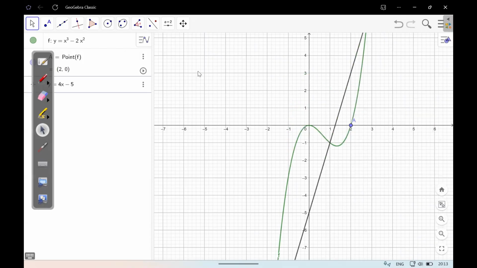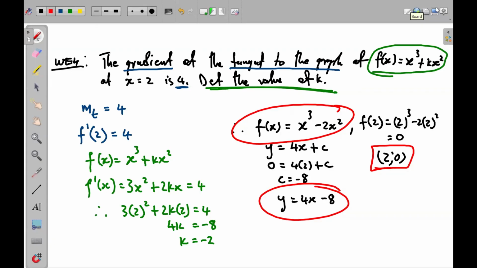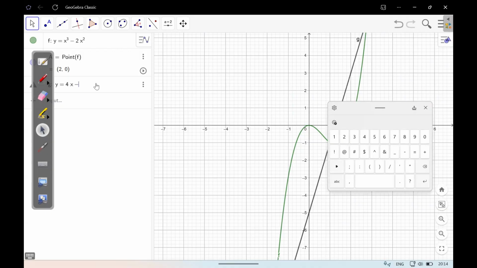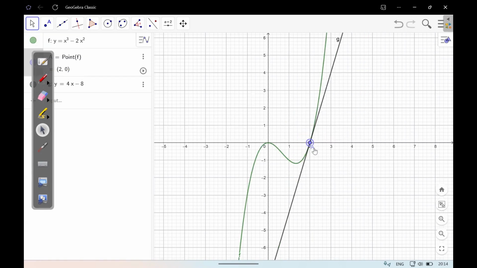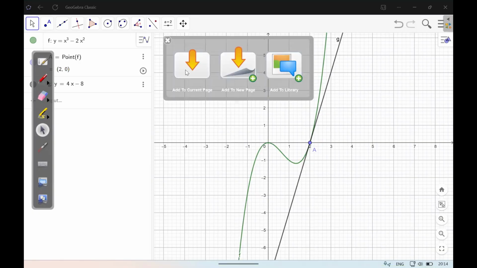And my tangent, did we say 4x minus 8? Yeah, we already have a 4x, we just need a minus 8. Okay, and there is the math making sense again. Just there at point A, we do have a point of tangency. And that's how we know that we did not just cook, we also ate.